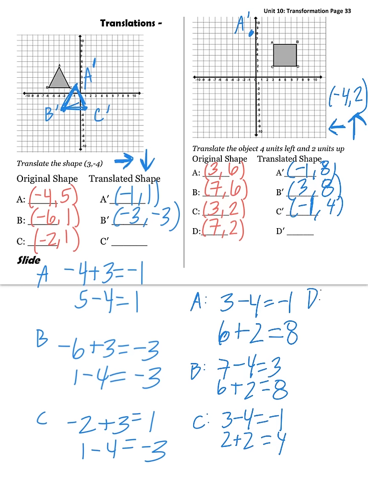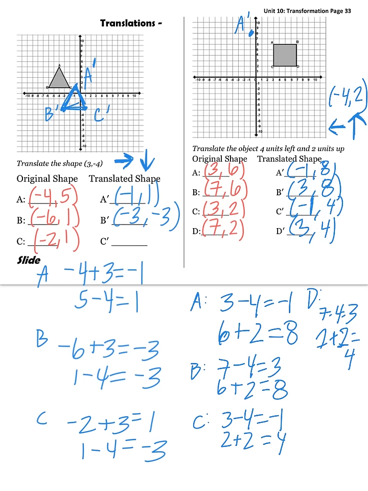And D is 7 minus 4, which is 3. And 2 plus 2, which is 4. So 3, 4. So I'm going to plot all my points.